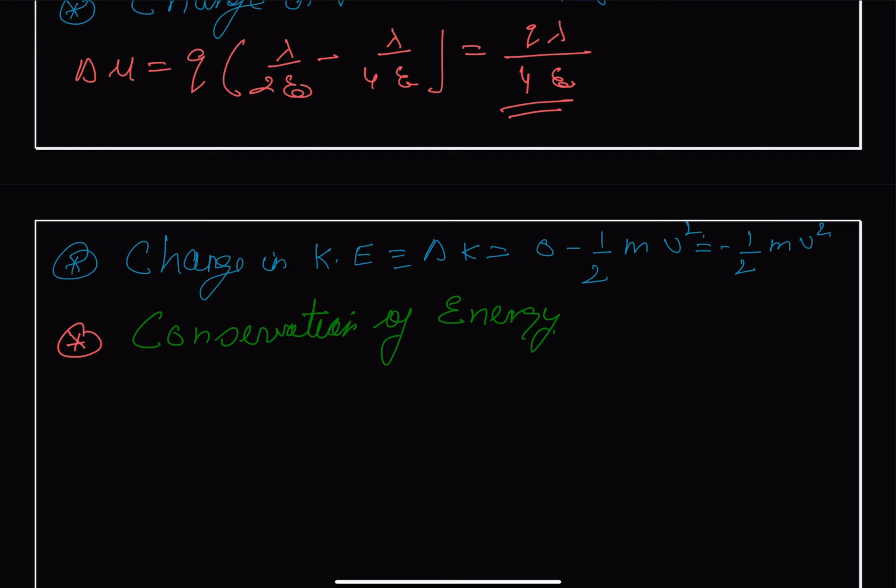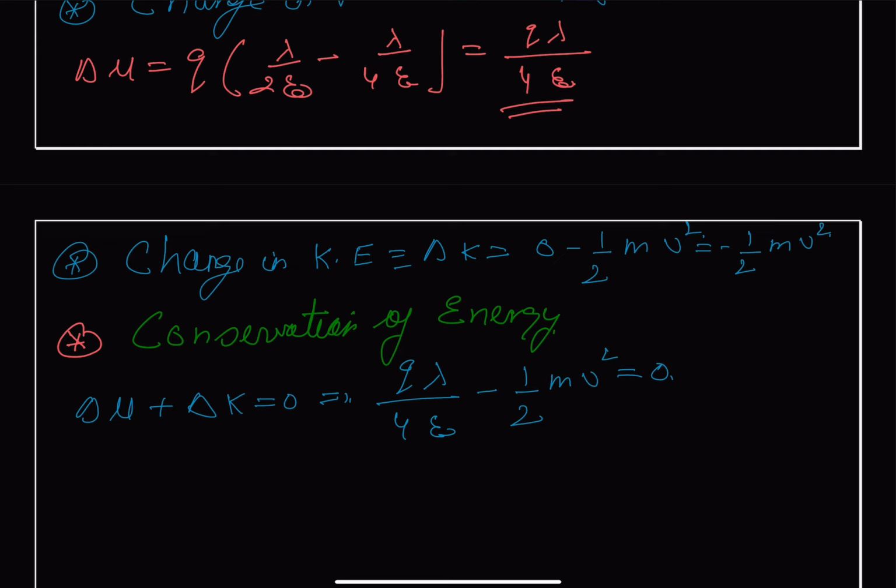This gives us that delta U plus delta K is equal to 0. We substitute delta U as Q lambda upon 4 epsilon naught, minus half m v square is equal to 0.